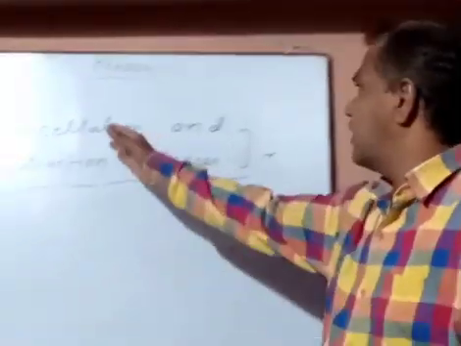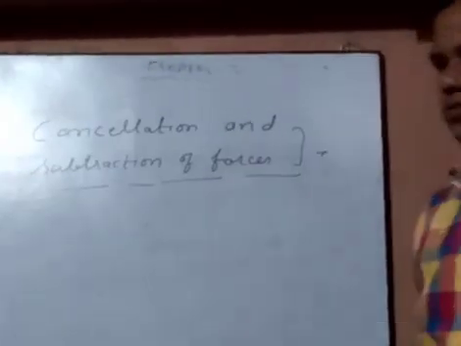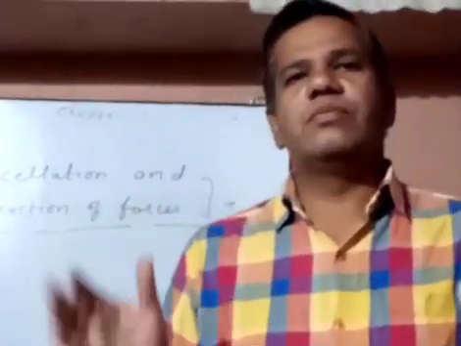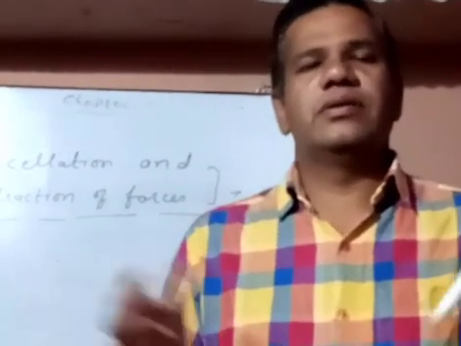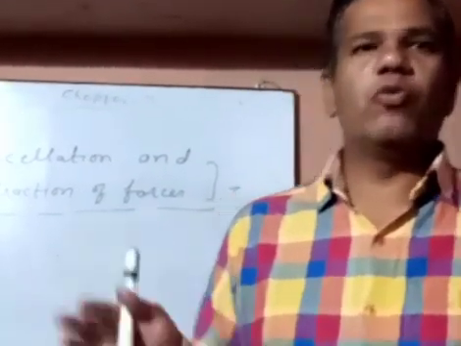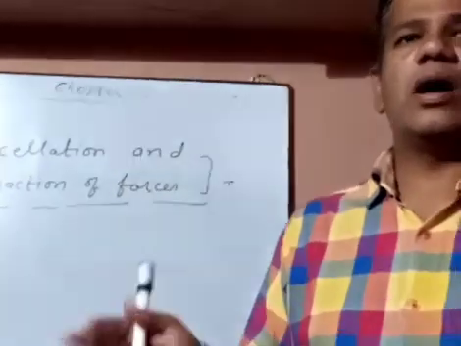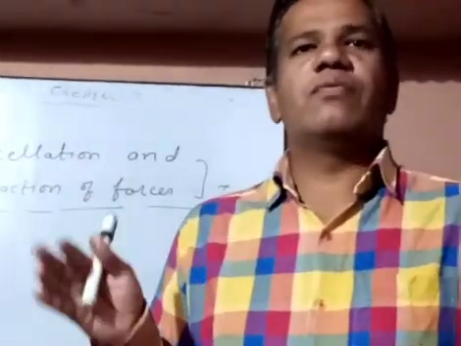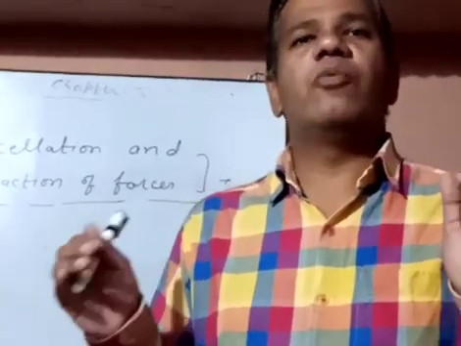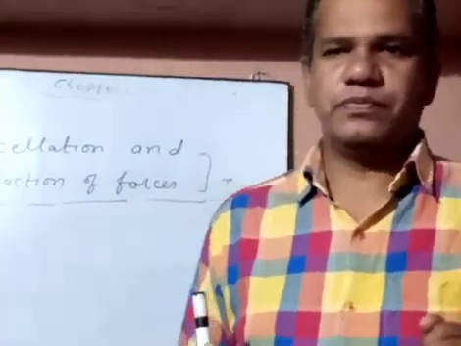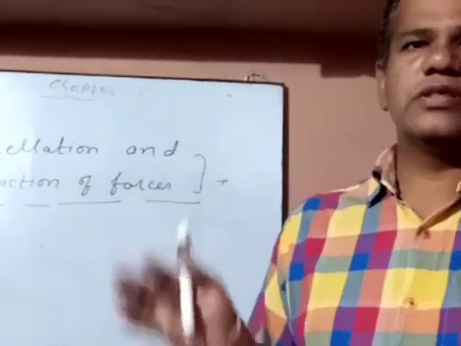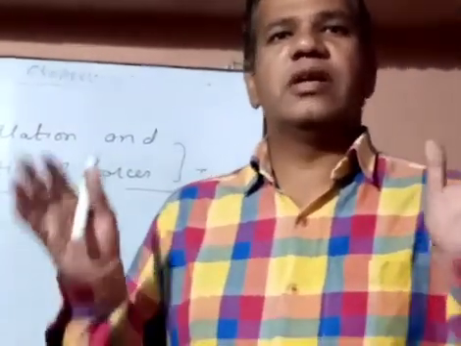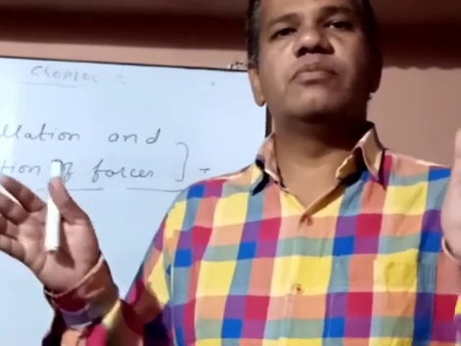My next topic is cancellation and subtraction of force. If two boys try to pull the above cart by applying force of 200 Newton in opposite directions, we will notice that the cart will not move because the resultant force becomes zero.